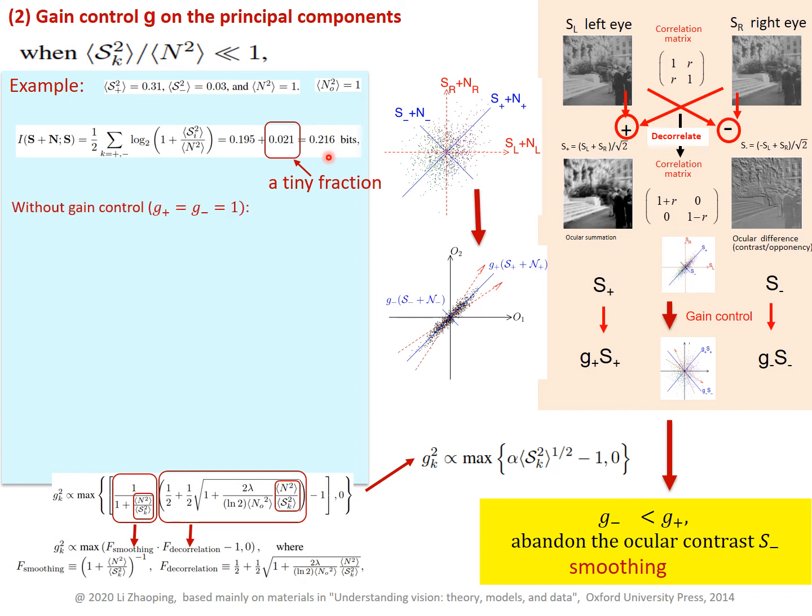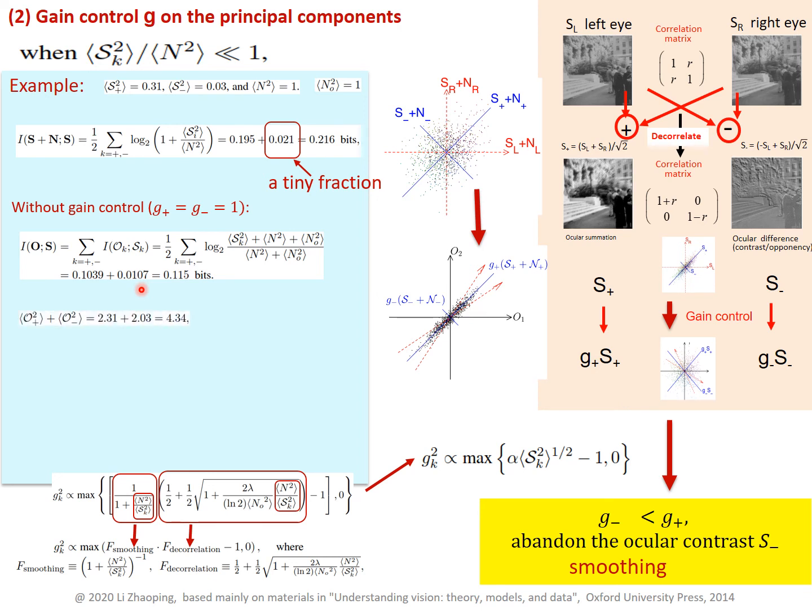Without gain control, the extracted information in O is this amount. Okay, it's quite a reduction from the original due to the addition of the encoding noise NO, which is substantial compared to the input signal power, which is quite weak. However, again, only about 10% of this total information is for the difference channel.